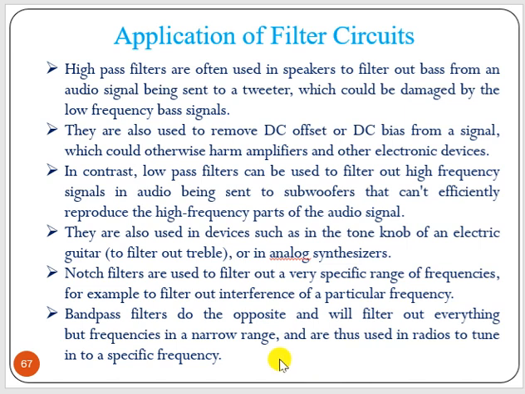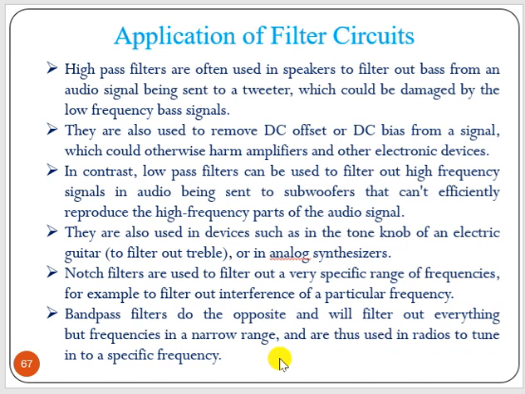So filters are used in electronic systems, in TV, in radio systems, in audio amplifier systems, everywhere. That depends on the application. If you require removing some range of frequency, you can use low pass or high pass, depending on your frequency. Suppose you want to remove a band of frequency, then you can use a band stop filter.